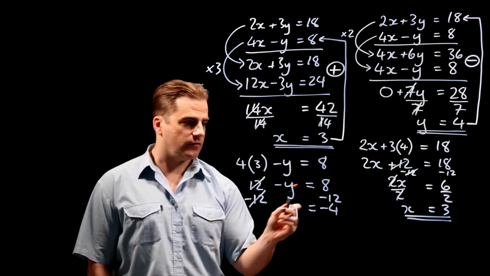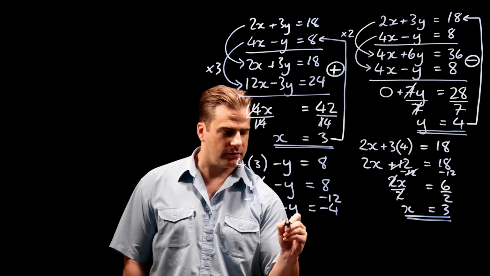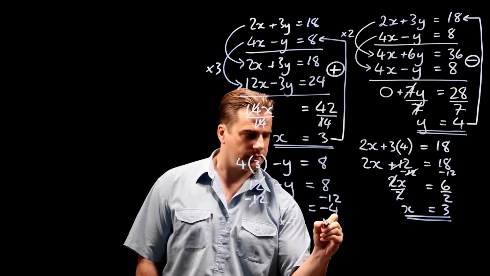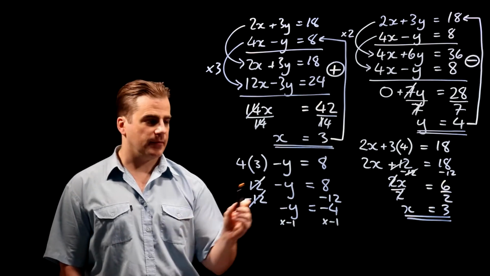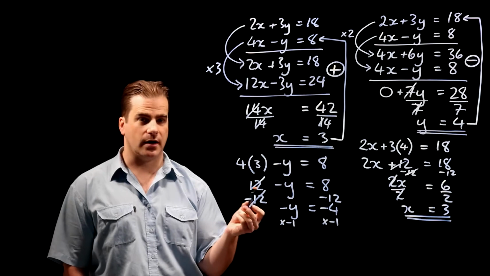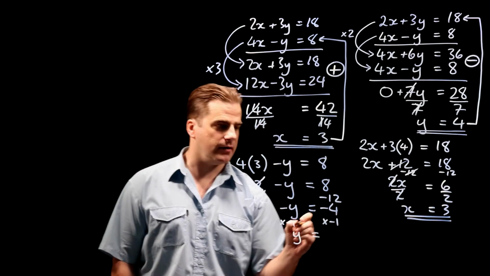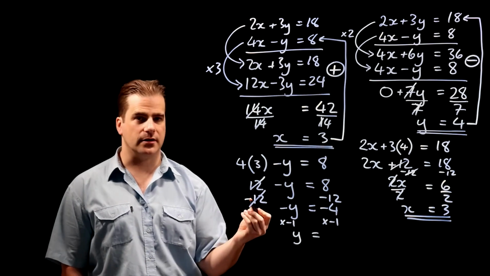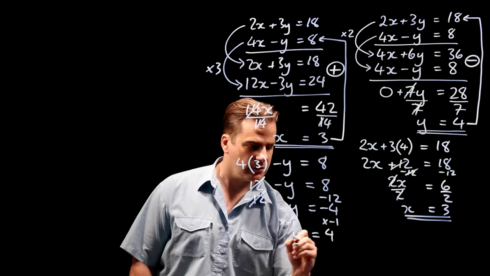We can turn that into y equals 4 by multiplying both sides by minus 1. Minus y times minus 1, minus times a minus is a plus, and y times 1 is y. So it's just y. Same here, minus 4 times minus 1 is a minus times a minus, it's a plus. 4 times 1 is 4.